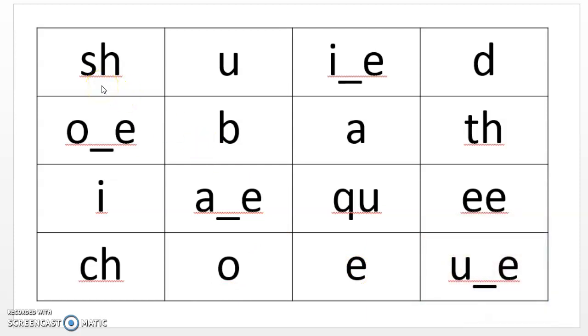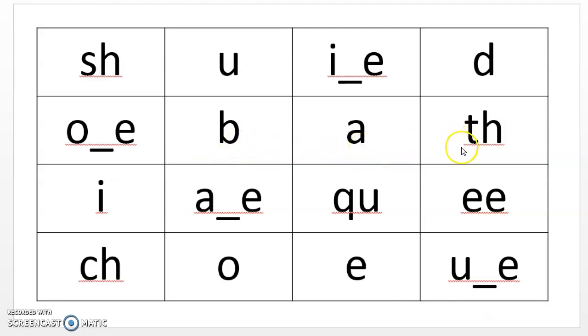I'm going to read the sounds together, and you can always come back to practice this page on your own. Sound. Sh. Sound. I. Sound. D. Sound. O. Sound. B. Sound.